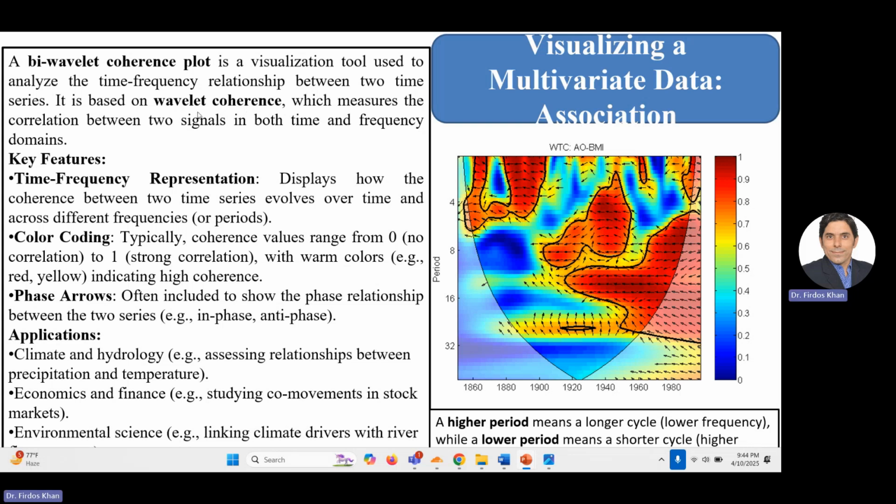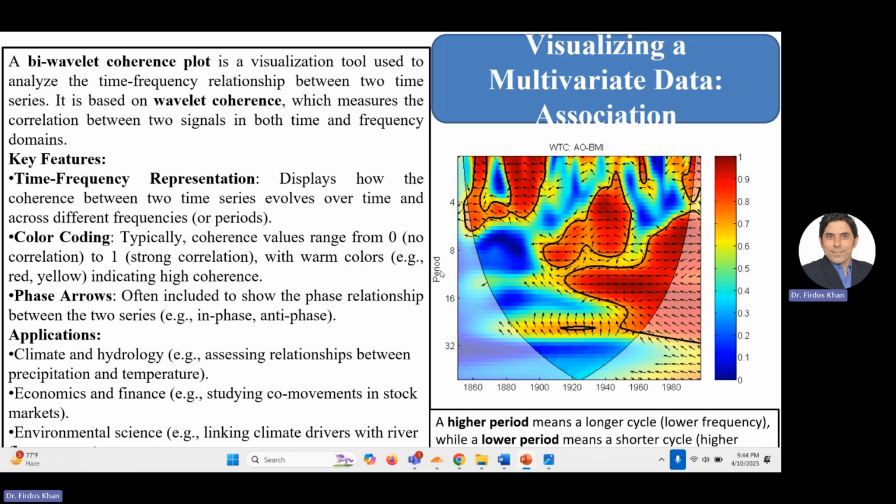So this is a technique which can be used to study the relationship between two time series, or you can say two signals, in both time and frequency domain. So this is the definition. Key features: time frequency representation displays how coherence between two time series evolves over time and across different frequencies or periods.